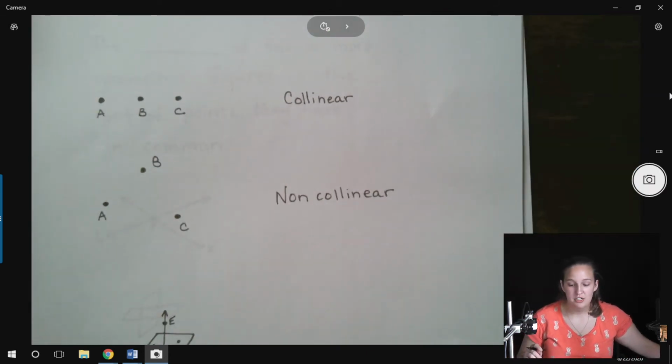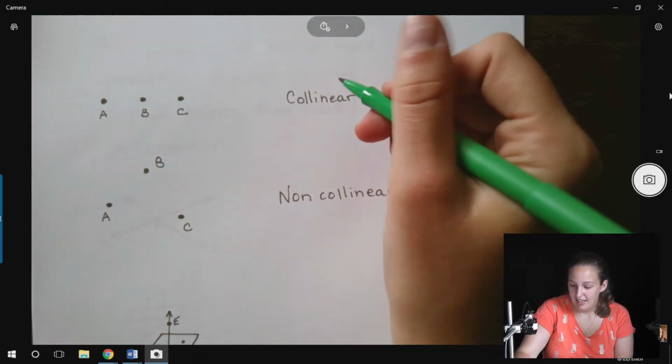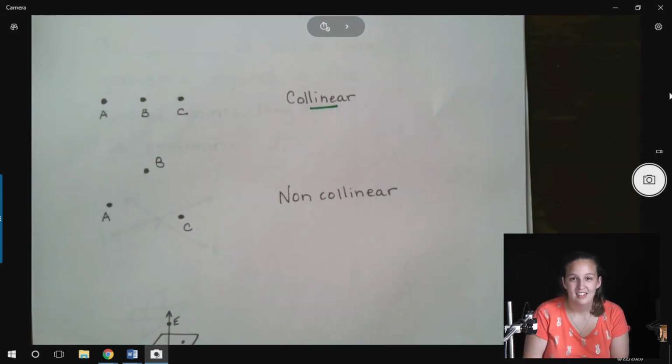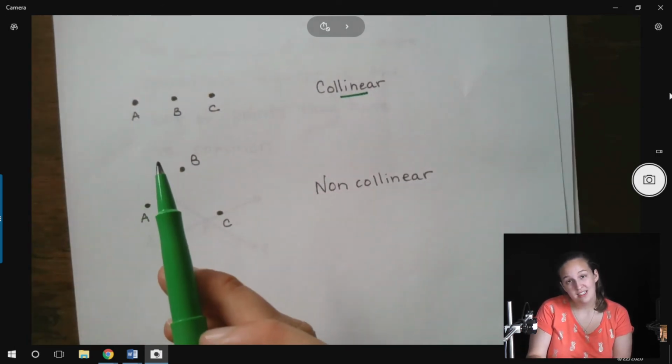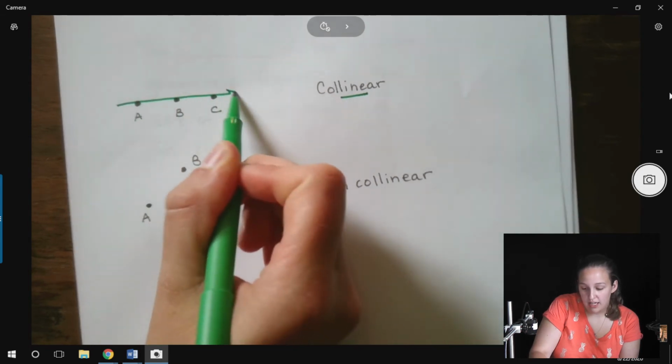Now, earlier I mentioned the word collinear. The nice thing about this word is it pretty much tells you what it is in the word. So co means together, linear. Think of graphing linear functions, they're all in one line. So if you have points that are collinear, the set of points are all in one line.